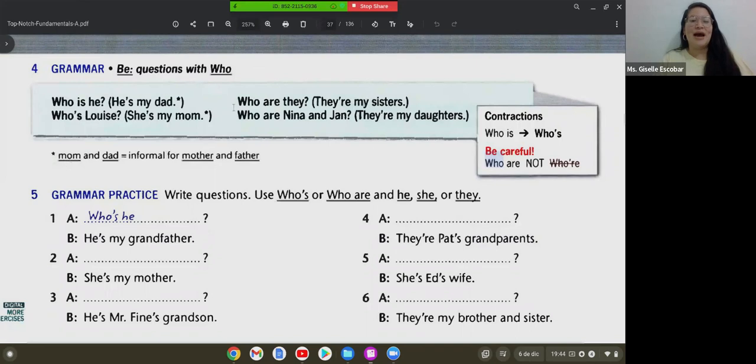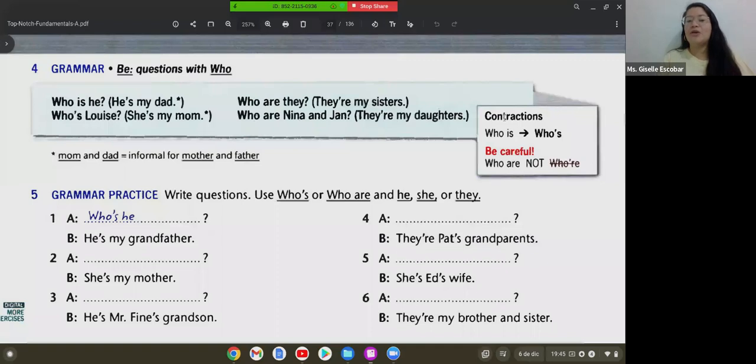So, there we have the grammar part. Who is he? Or we can use the contraction. Who's he? And who's Louise? She's my mom. Who are they? They are my sisters. Who are Nina and Jan? They are my daughters.